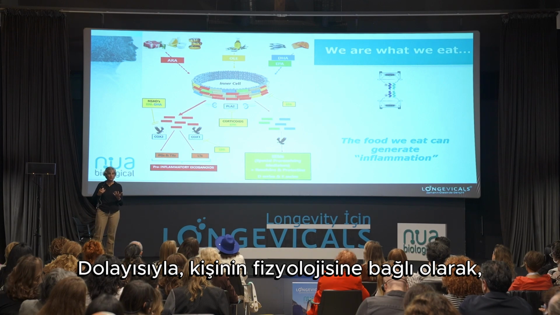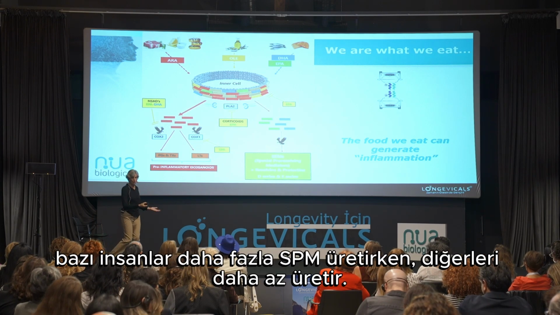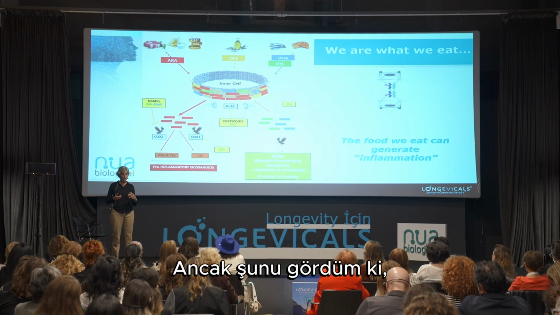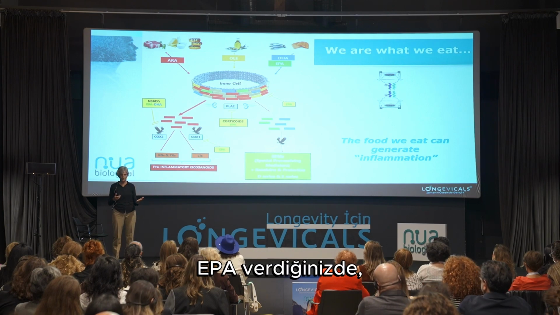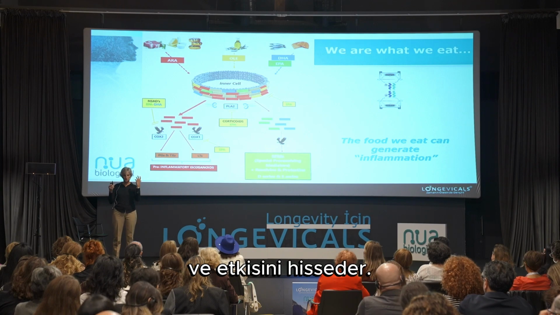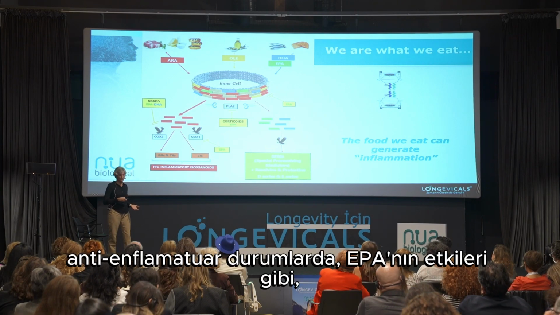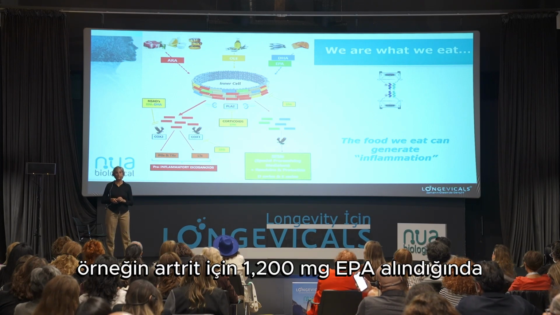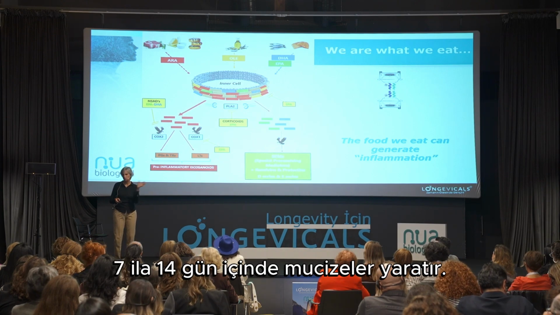Depending on the physiology of each person, some people will produce more SPMs than others. But what I've seen is that when you give 2 grams of either DHA or EPA, most people produce sufficient SPMs to notice the effect. In anti-inflammatory conditions, like arthritis, when you take 2 capsules of EPA 1200, it works wonders.